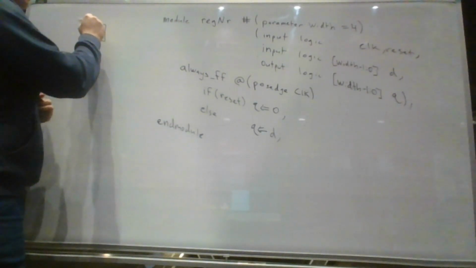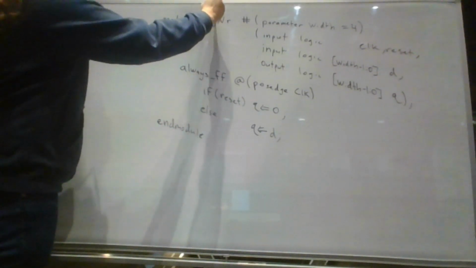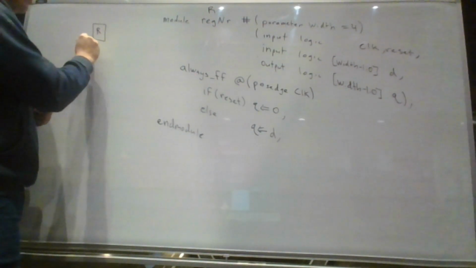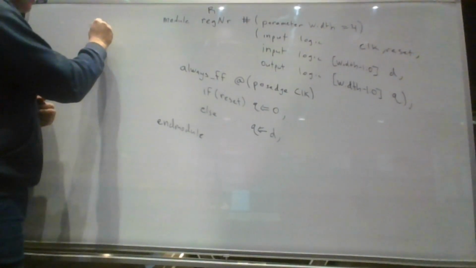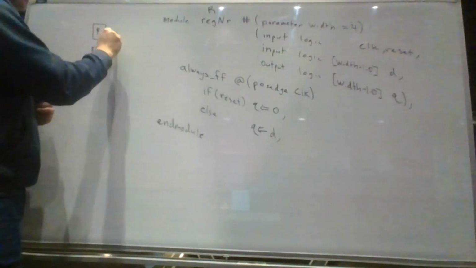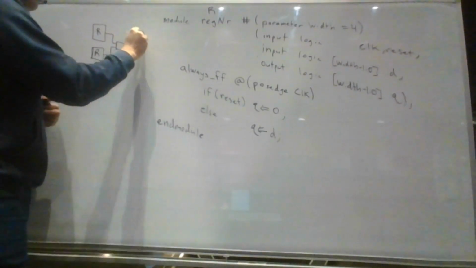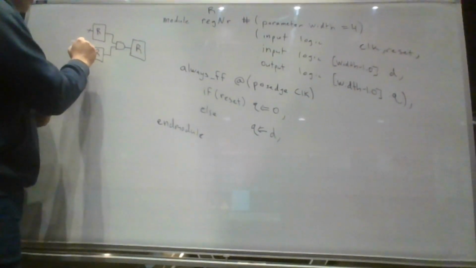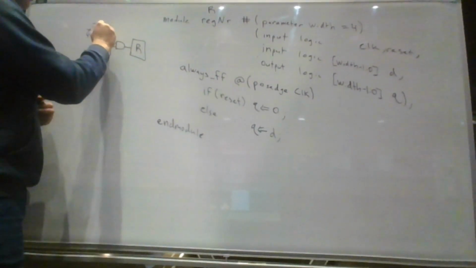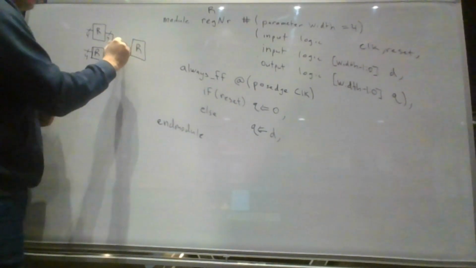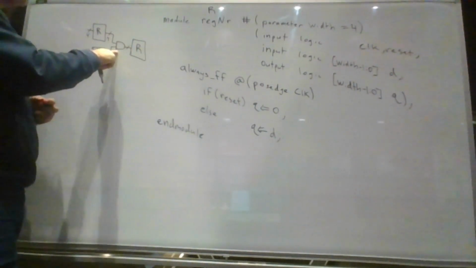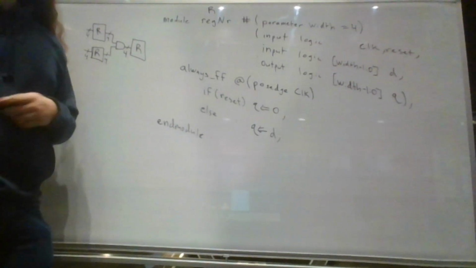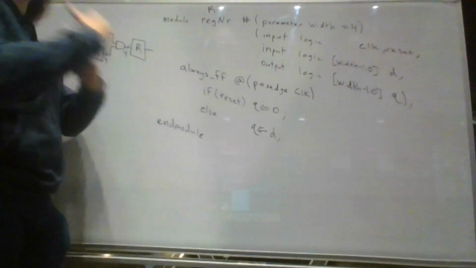I'll call this, for shorthand, I'm just going to write R to represent this. So this is going to be an instantiation of R. This is going to be an instantiation of R. And then maybe I'll AND those and store it into another instantiation of R. So this is a structural style of coding for the most part, besides this AND gate, but occasionally you will see structural styles have like one or two AND or OR gates sitting in there, just because there's no reason to separate that into its own module.